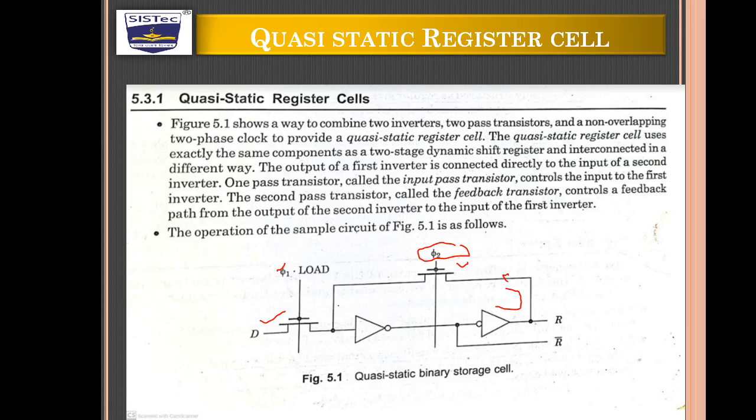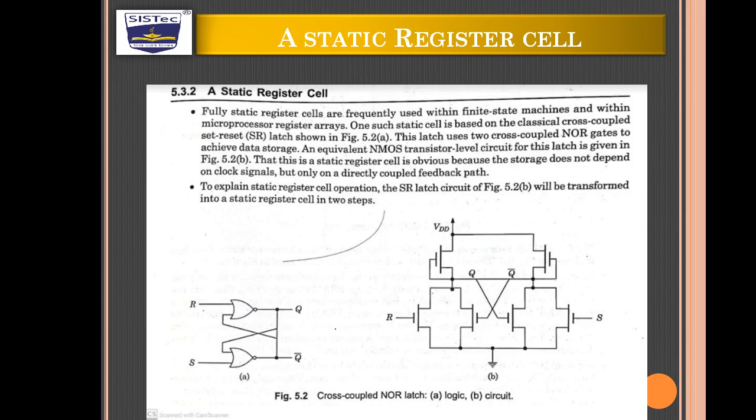Thus basically it's a logic value. As long as this feedback condition is applied, the quasi-static register cell will maintain its stored value. So this is all about the quasi-static register cell.